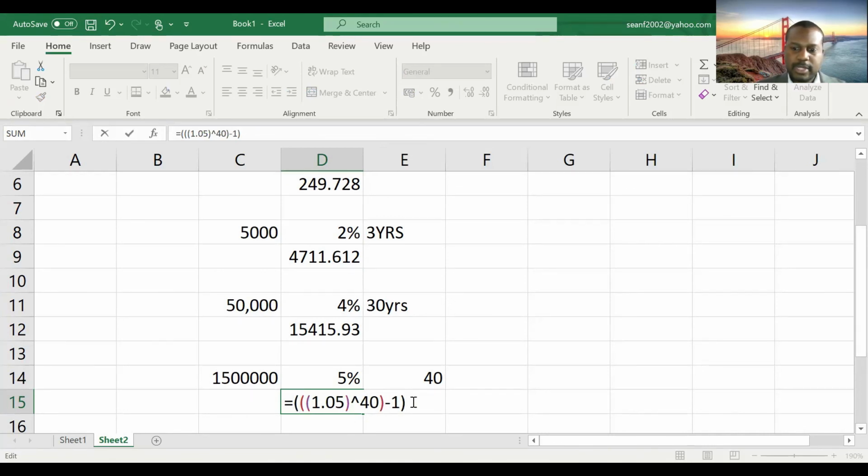And then we divide that by 0.05, this is divided by the k.